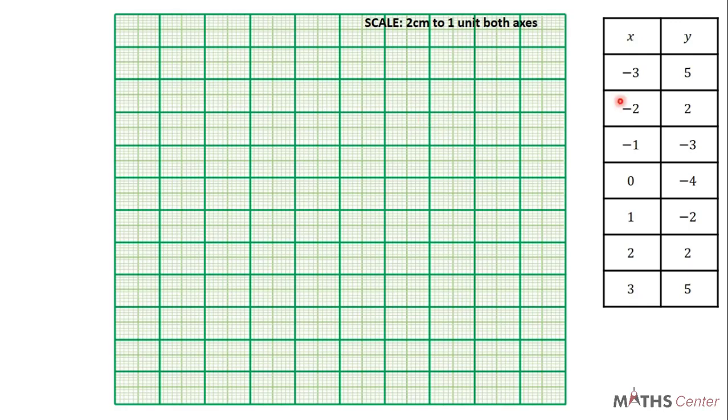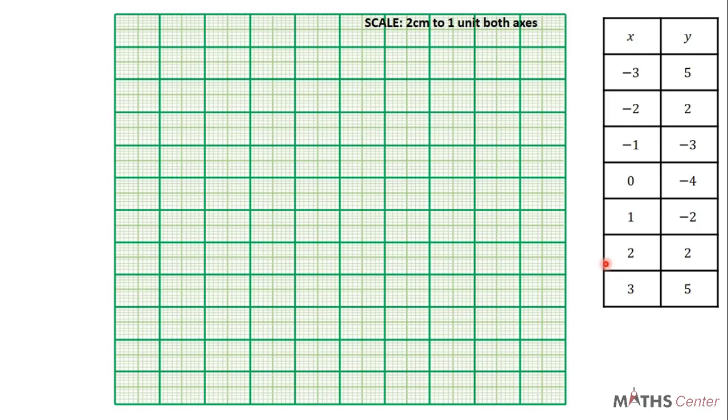The first thing you have to check is the smallest value on the x-axis. On our table, we can see that the smallest value of x is -3. After you have the smallest value of x, you check the biggest value of x. On our table, the biggest value of x is 3.